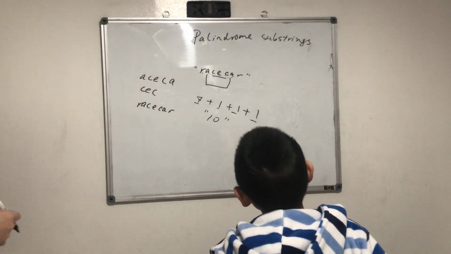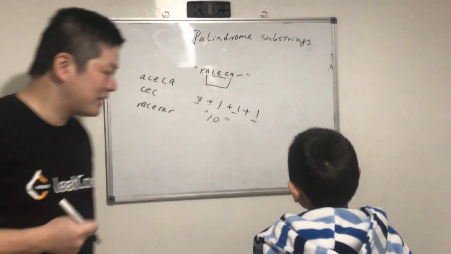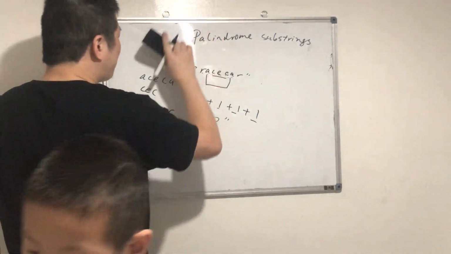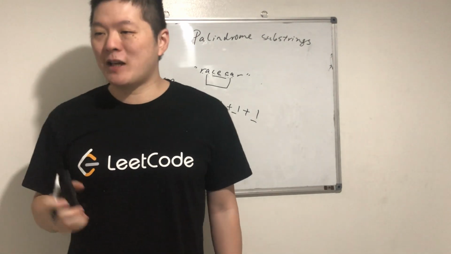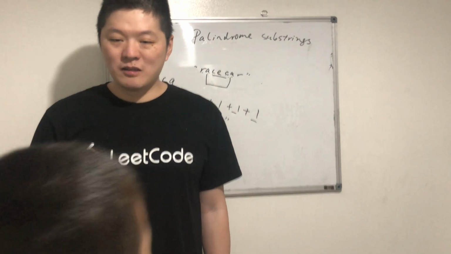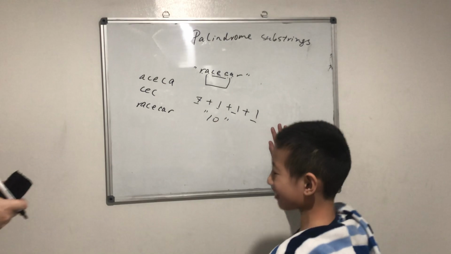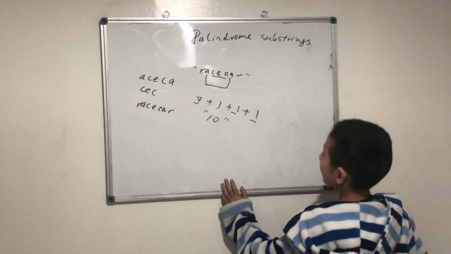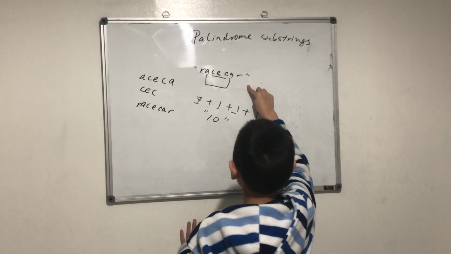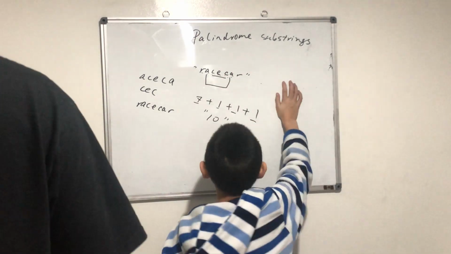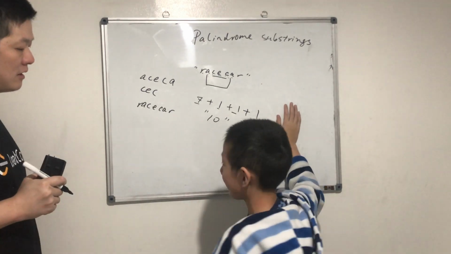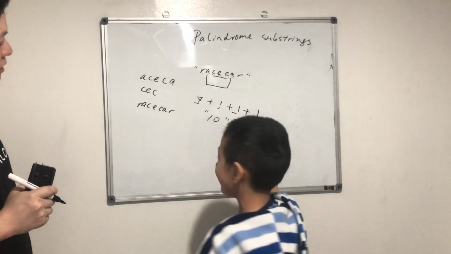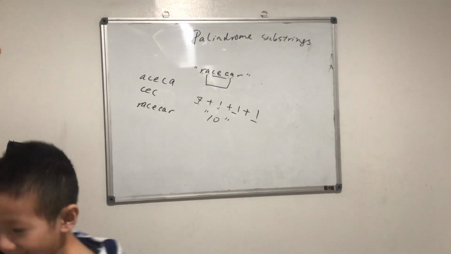So how can we count it? Any idea? If you're not sure, the first thing to think about: if there's an even number, you write it down, divide it by 2, and add it together.